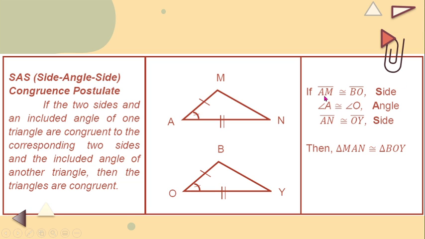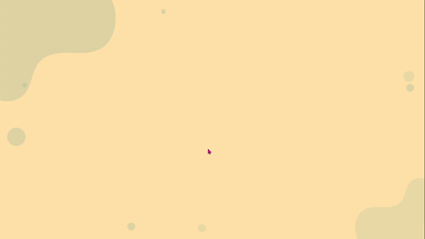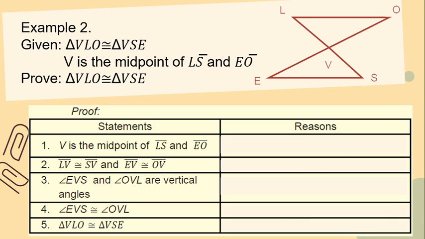If AM is congruent to BO, angle A is congruent to angle O, and side AN is congruent to side OY, then triangle MAN is congruent to triangle BOY. Kung makikita nyo, ang nasa gitna ay angle. So, side, angle, side.